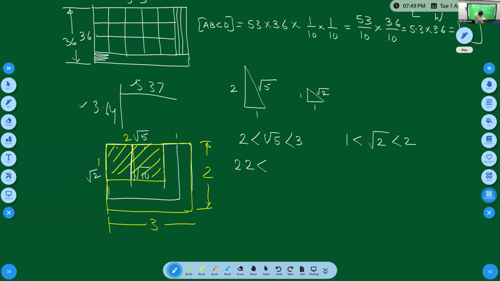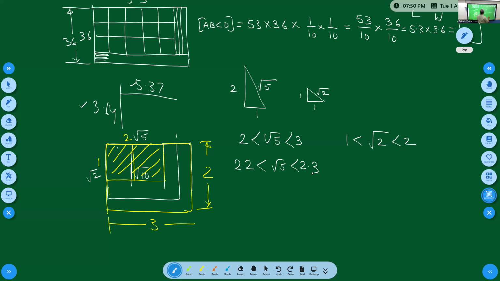Square of 2.2 is 4.84. So 4.84 is less than √5 and then √5 is less than 2.3. Square of 2.3 is 5.29. Correct. So I can catch √5 between two rational numbers which are one-digit rational numbers.